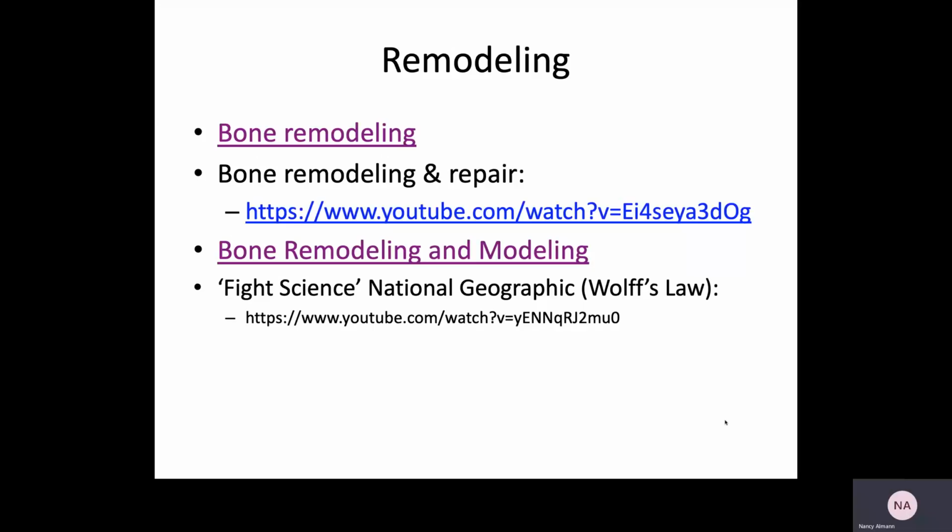Now, remodeling happens every single minute of every single day. Basically what remodeling is, is this: your bone needs to adapt and respond to the stresses and strains that you put on it due to your activities of daily living.